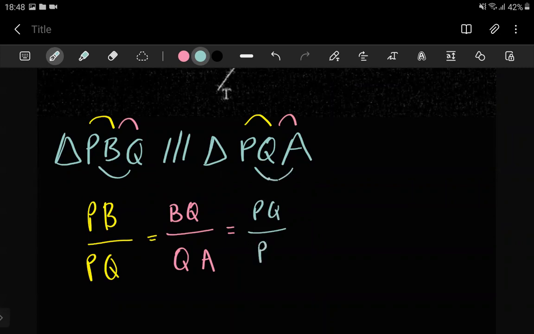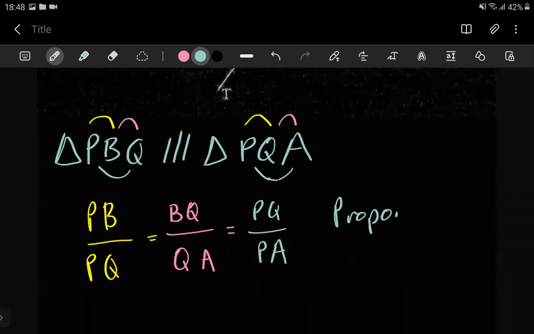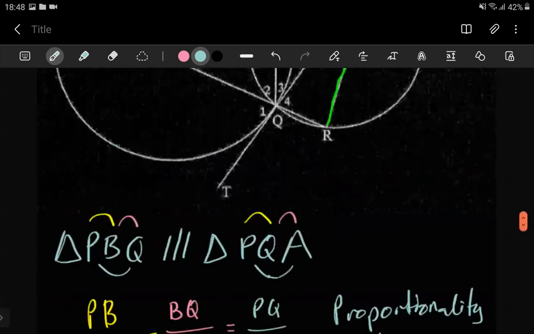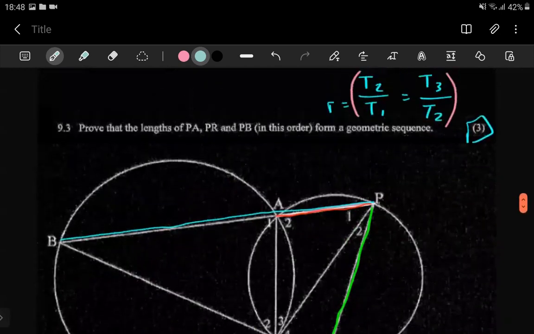You see, this is writing this out. Our reason will just be the proportionality theorem.